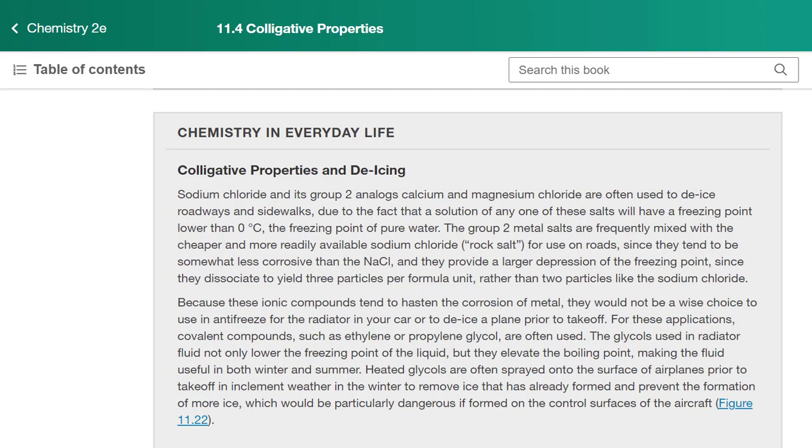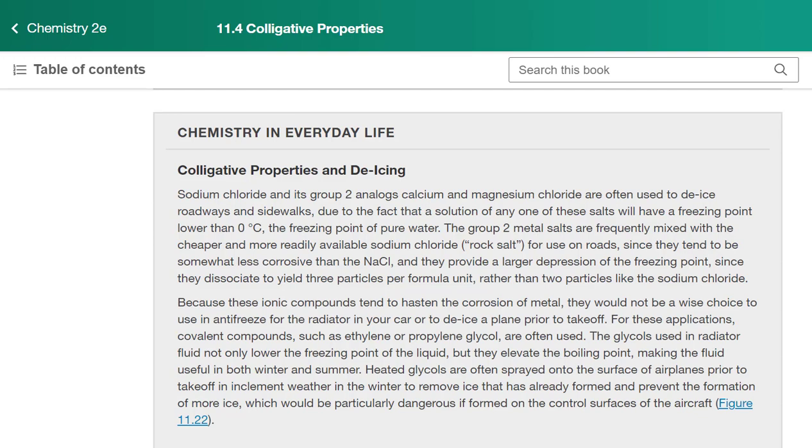So your engine coolant is important because if you had just water in there and you didn't have the extra coolant, it's possible that it would boil. And if it boils, it would cause damage to your engine. So it's raising the boiling point. It's also lowering the freezing point.